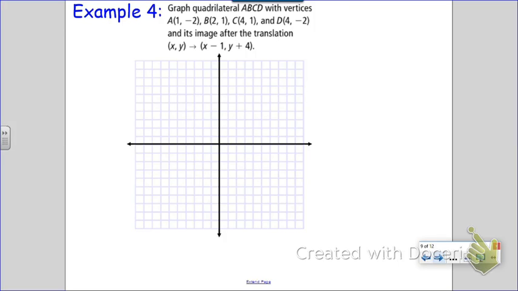In the next example, we're graphing the vertices and its image after the translation. So here's what it would look like. So this one is going to be moved 1 to the left and 4 units up.